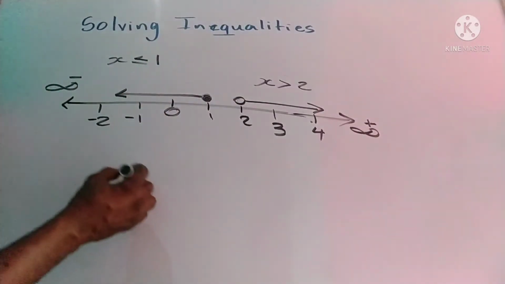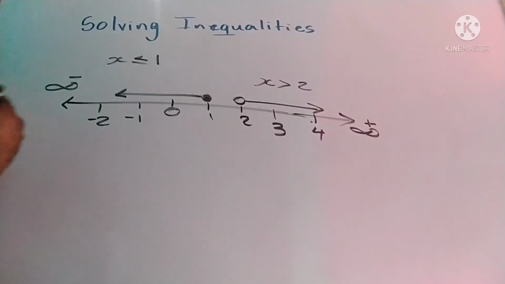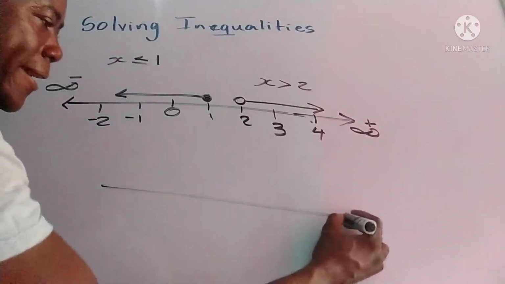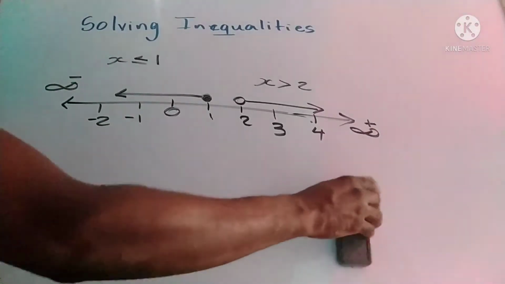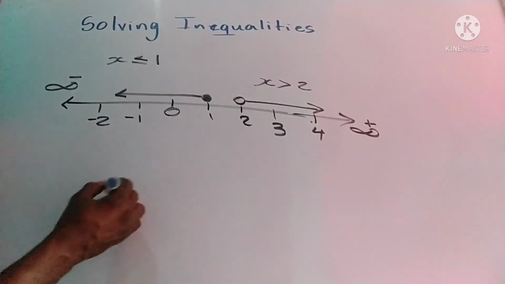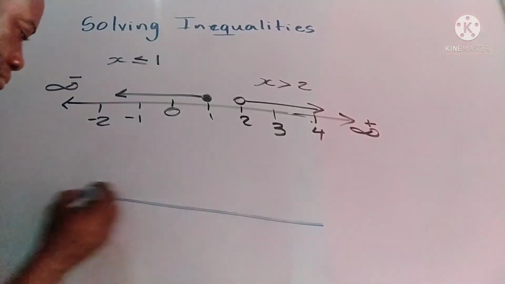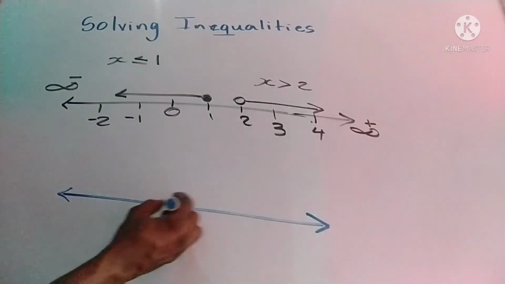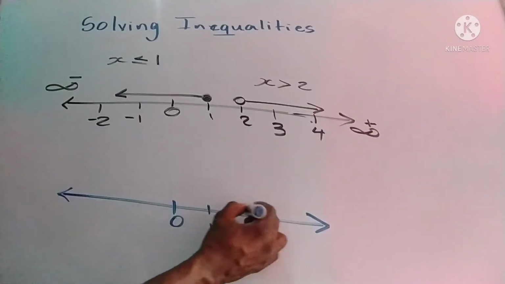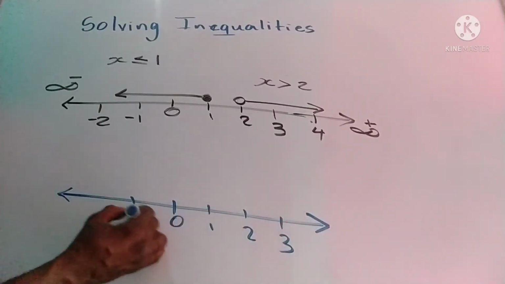There are other systems, like, what if we should combine ideas? Let us say that I have my number line right here. So here's my number line. On my number line, I have some numbers here.